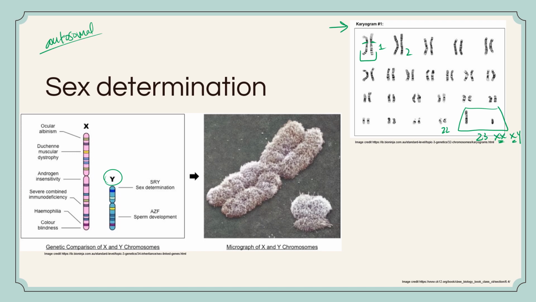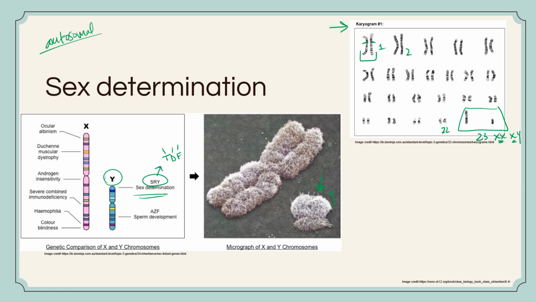Well, on that Y chromosome, that tiny little nugget of a Y chromosome, there is a gene called sex-determining region Y, or the SRY gene. That SRY gene codes for a protein called TDF, testes determining factor protein.